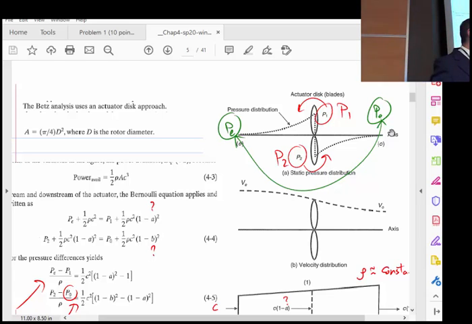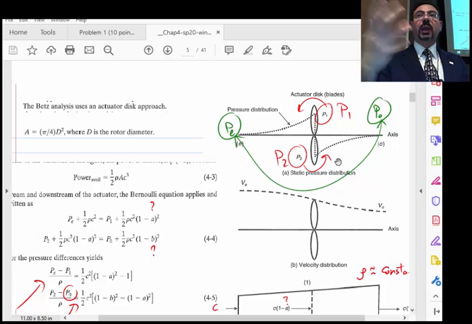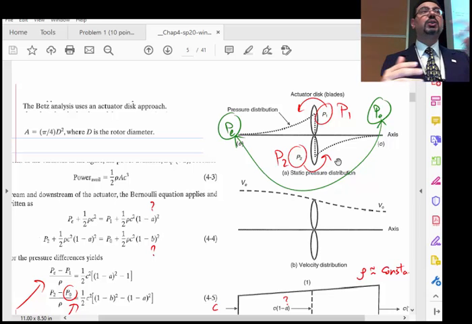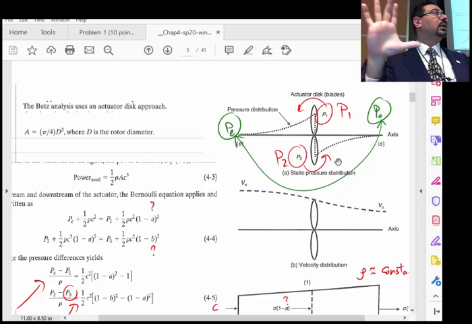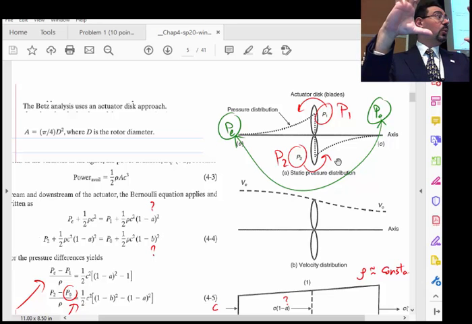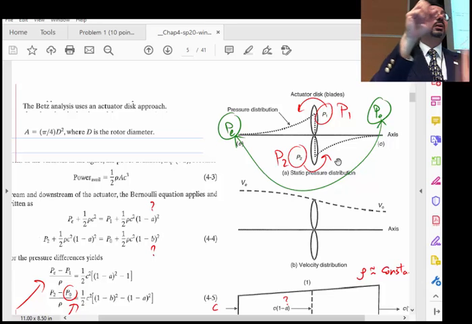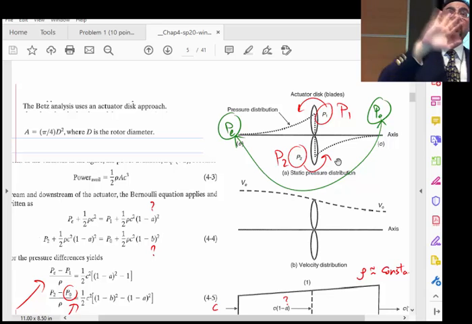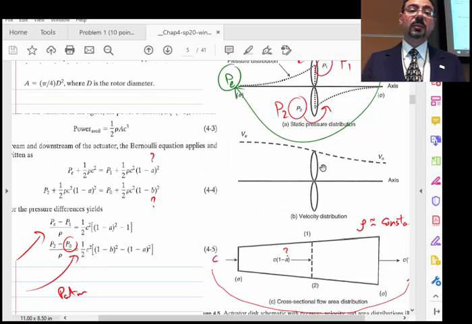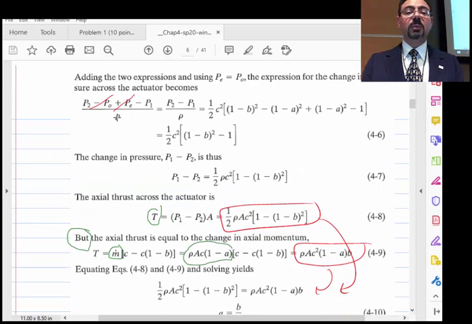Really far away from the entrance is ambient. But just before and just after, you can tell it's not going to be ambient. Just after, there's a wake and the pressure is lower, and just before, the flow is slowing down and will increase the pressure on the plate, right? So he cancels PO and PE, and so here is the expression for the pressure.